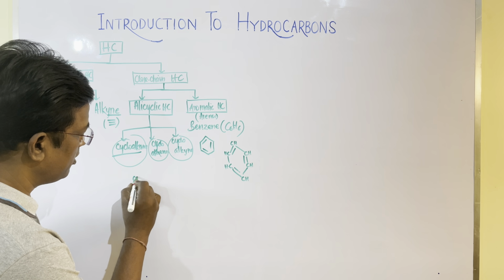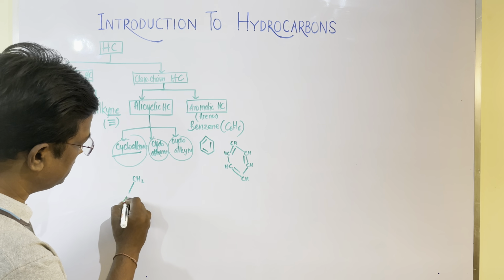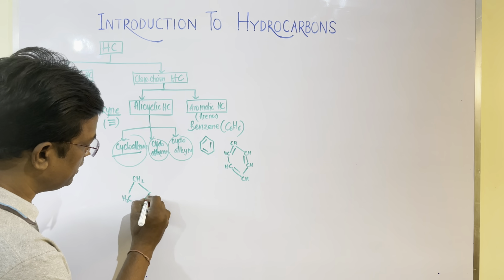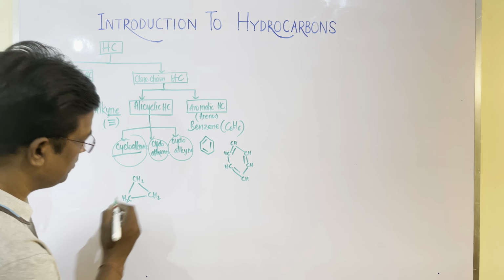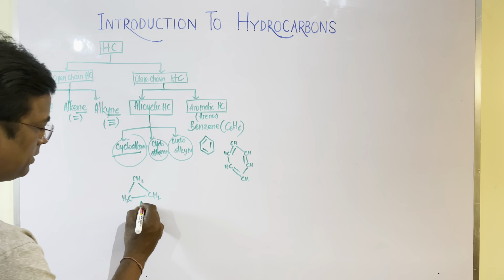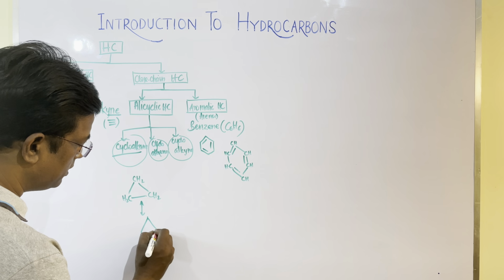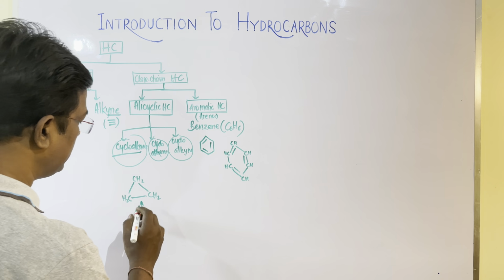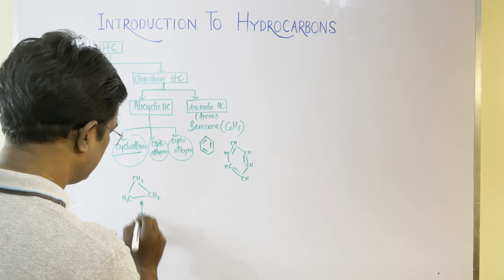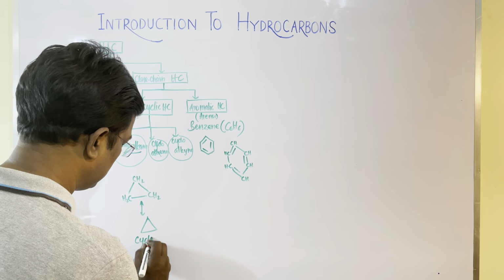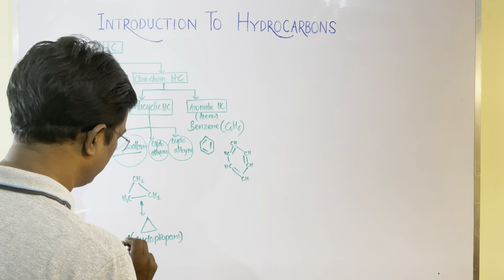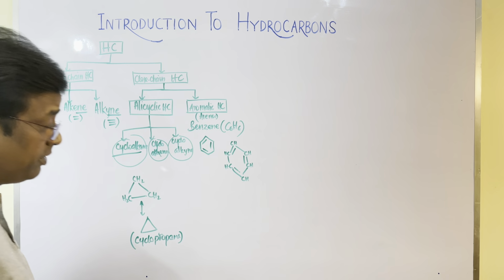Let's say C3H6, a ring-like structure of a minimum of 3 carbons. If you see the equivalent diagram, it becomes an equilateral triangle. Similarly, this is cyclopropane, a cyclic compound. One example I have given.